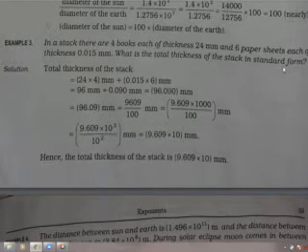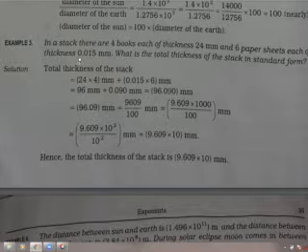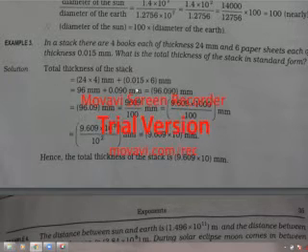So we will multiply 24 with 4 because total 4 books are there. Then there are 6 papers whose thickness is given, so that thickness, 0.015 millimeter, should be multiplied with 6. As you can see here, it has been written: total thickness of the stack is equal to 24 into 4 mm plus 0.015 into 6 mm, mm means millimeter only.